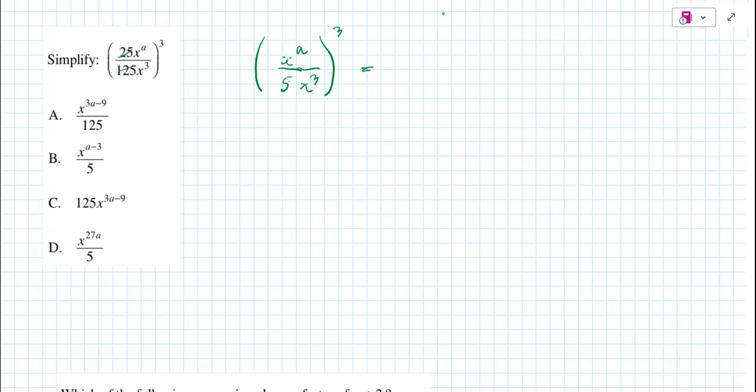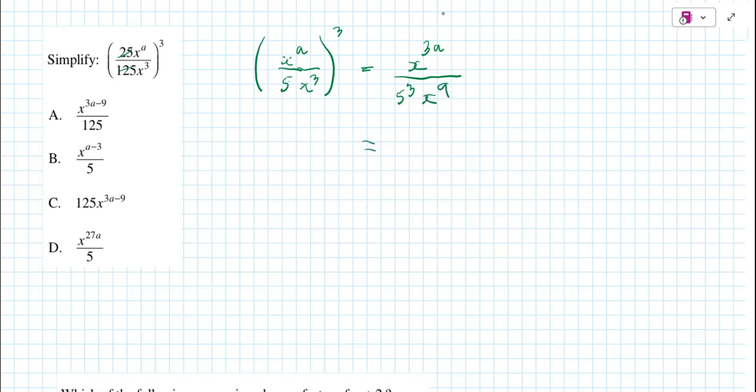Okay, so now that we have that, we can go and simplify. Well, this is x to the 3a, exponent laws. This is the power of a power. You multiply the exponents, and the denominator is 5 to the third times x to the ninth.